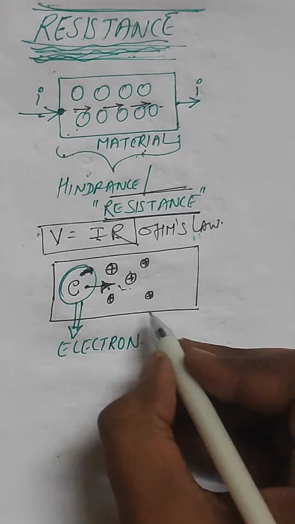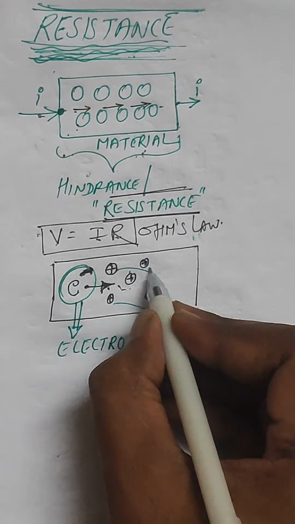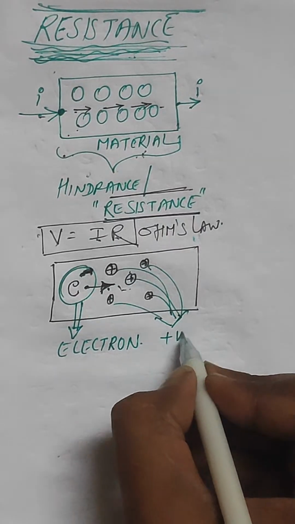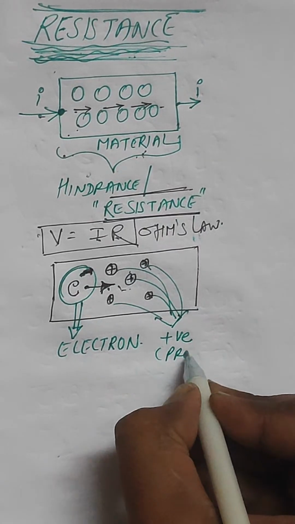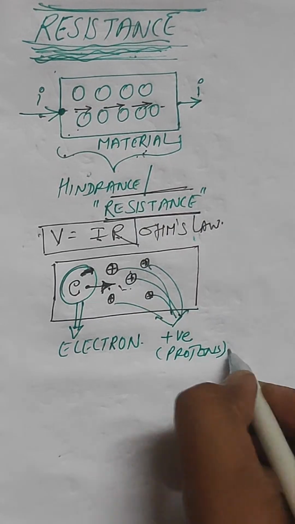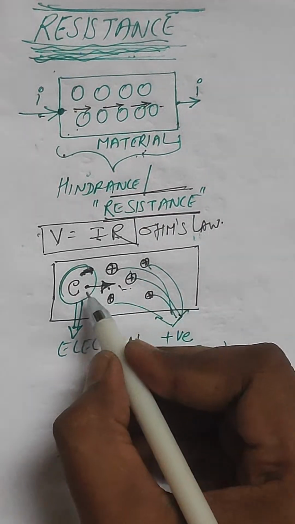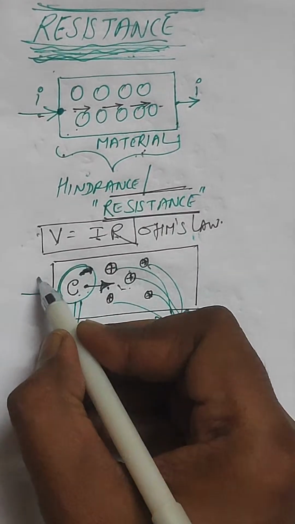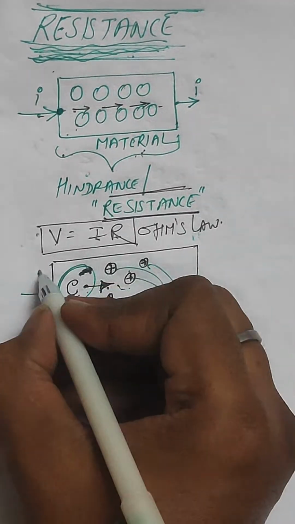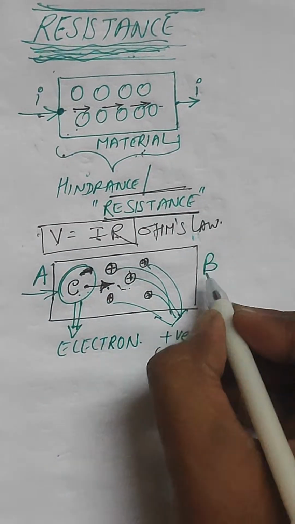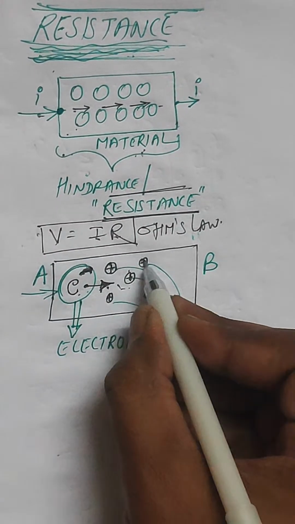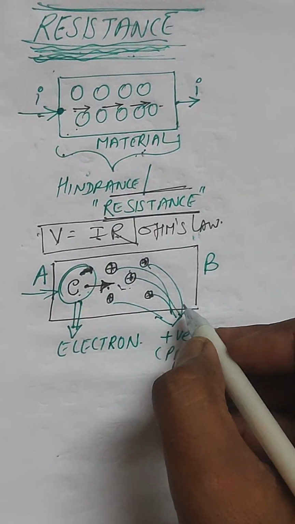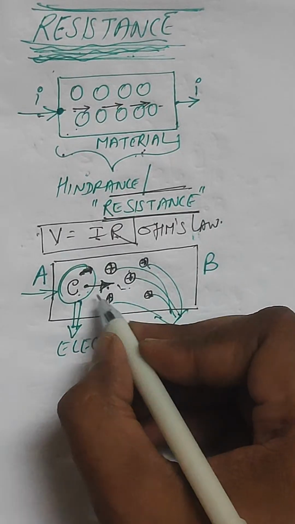If this is an electron and these are a number of positive ions, that is protons, here you can see the electron is not directly allowed to flow from the A end to the B end, if this is A and this is B. These are, I cannot say enemies, but definitely they will produce some hindrance.